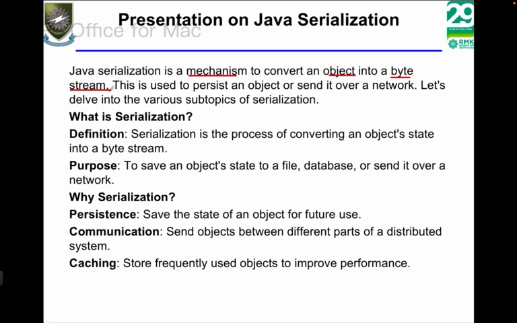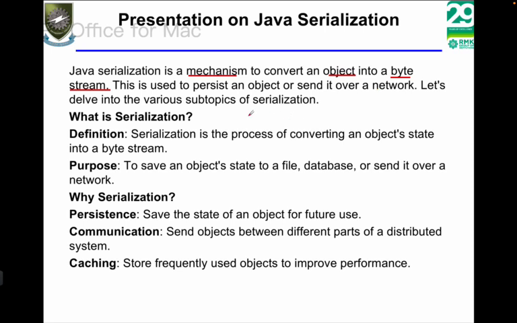Because when we want to transfer data over the network or from one system to another system, it is not possible to do it as an object, but you can do that with the help of conversion of an object to a byte stream. So by converting to a byte stream, you are able to transport the data from one system to another or over the network. It is used to persist an object or send it over a network.